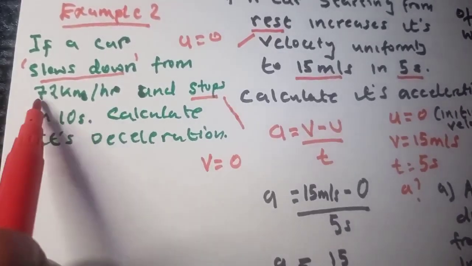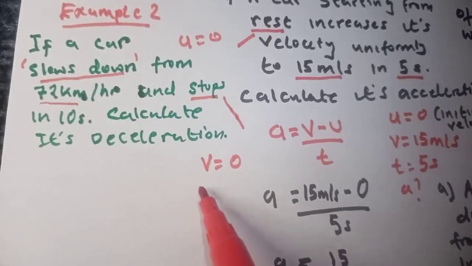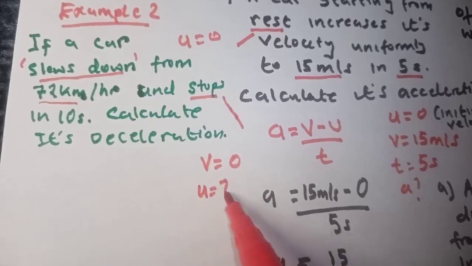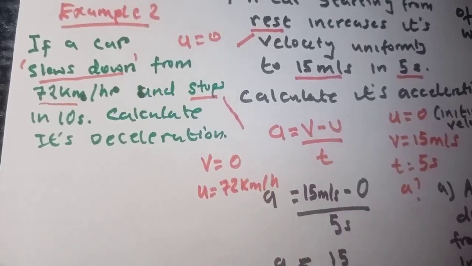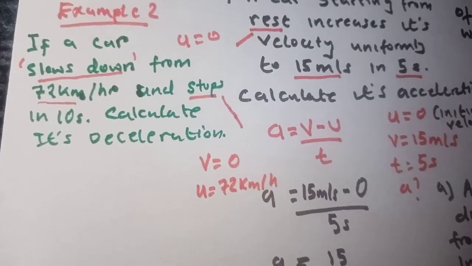So what we have here will be your initial velocity, which is 72 kilometers per hour. Now we need to convert this 72 kilometers per hour. I'm not going to waste time telling you to do this and that.